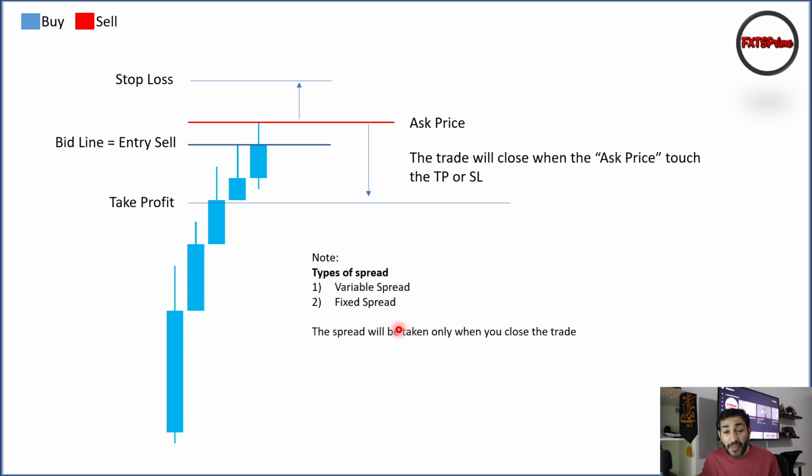Another thing is that the spread will be taken only when you close your trade. You will ask me one question: when I open my trade, immediately my trade shows negative. That is right. That is because we have a difference between the ask and the bid lines, and that difference has to show in your trade as a negative. To close your trade on zero, you need to wait until the price moves the amount of the spread, which will allow the broker to take it when you close your trade.